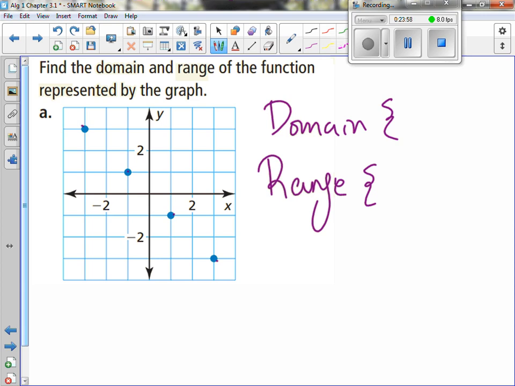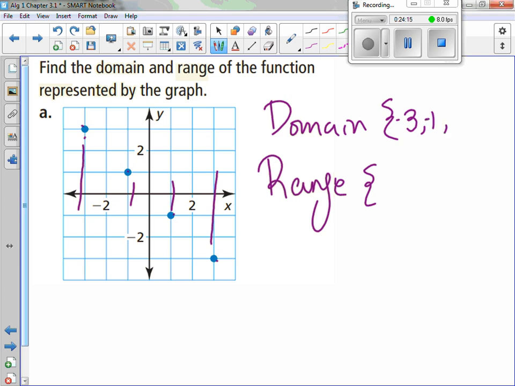So the domain, what are the x values for these points? This would be negative 3, yes? How about the next one? It would be at negative 1, and then 1 and 3, yes?